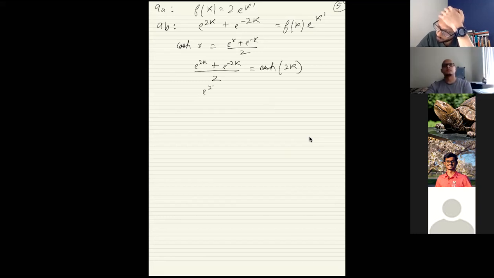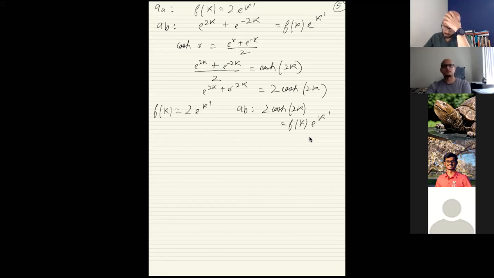So e to the power 2k plus e to the power minus 2k is equal to 2 hyperbolic cos of 2k. Therefore, we have f of k equal to 2 e to the power k prime, and 9b becomes 2 hyperbolic cos of 2k is equal to f of k e to the power k prime.